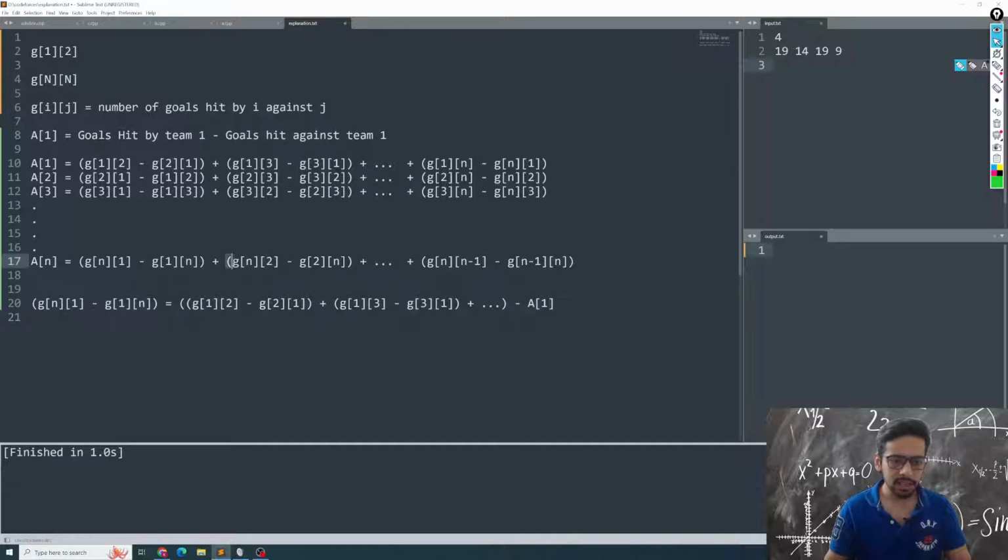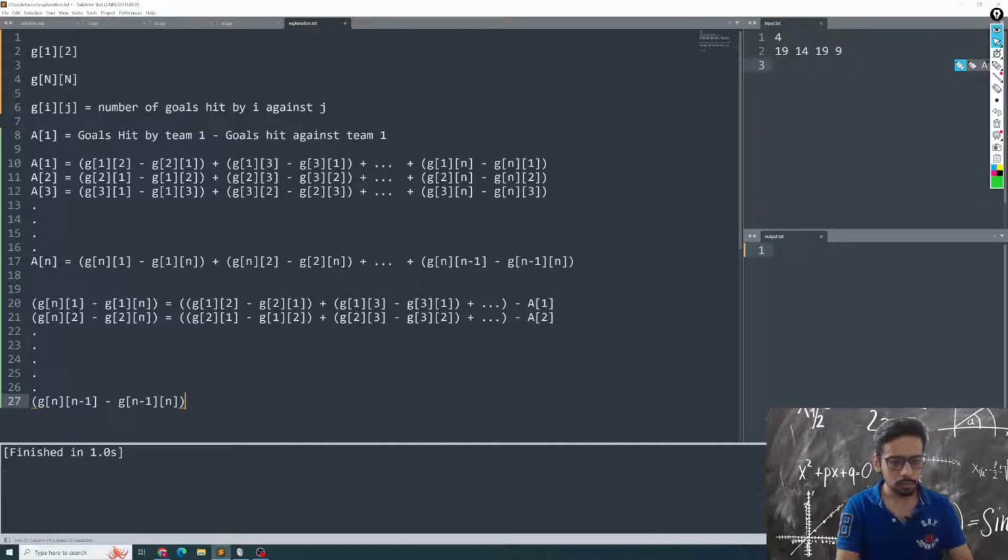Similarly, for finding this, use the A2 equation, or amongst these n equations, use the second equation. So on. For finding this one, use the equation of A n minus 1.